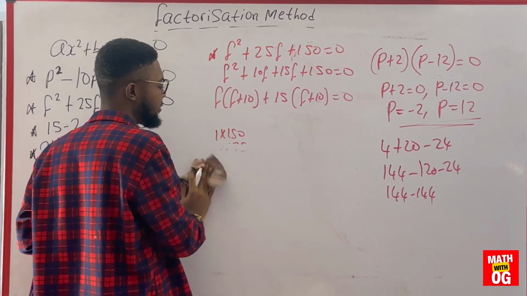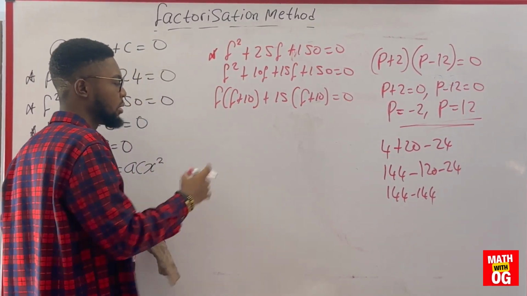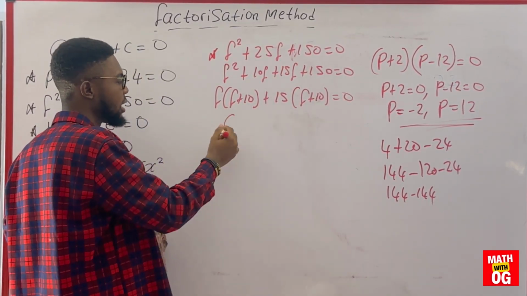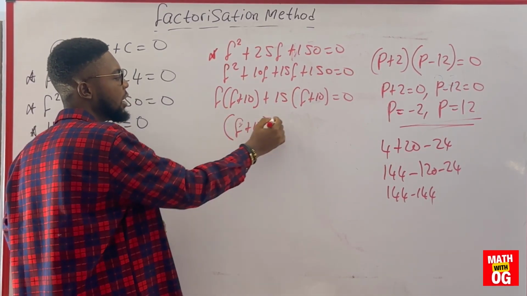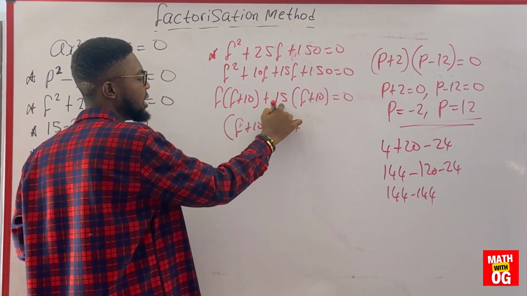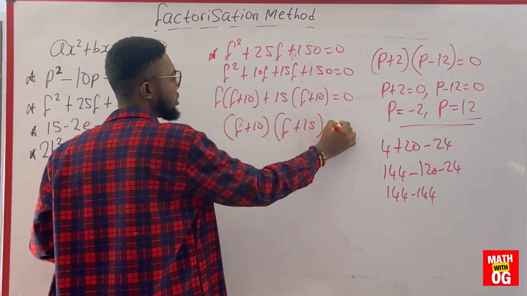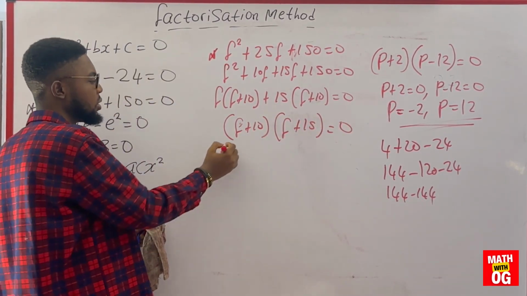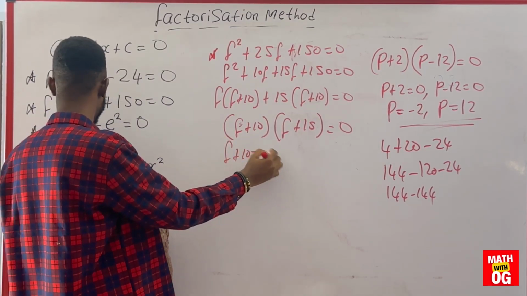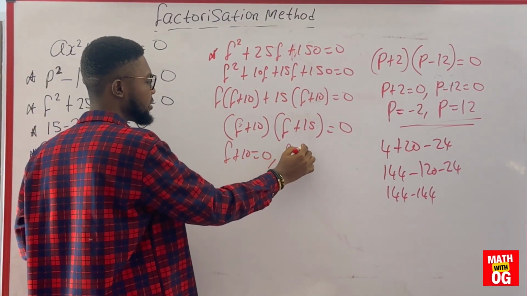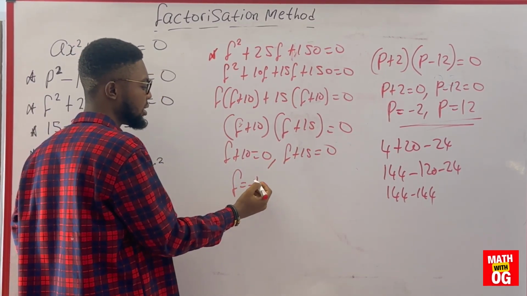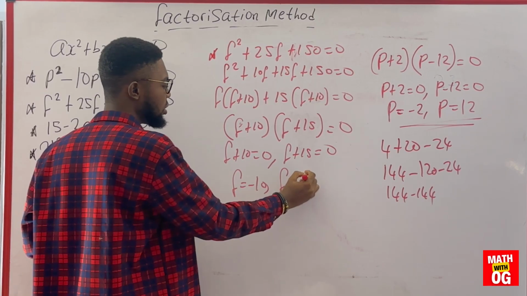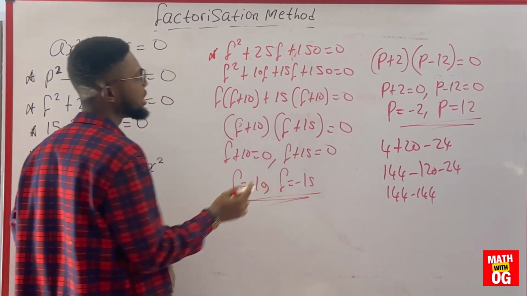Now f plus 10 is common, so factoring out f plus 10, I'll be left with f for the first bracket and 15 for the second bracket, equal to 0. So it is either f plus 10 equals 0 or f plus 15 equals 0. In this case, f will be equal to negative 10, and in this case, f will be equal to negative 15. So these are the possible answers.